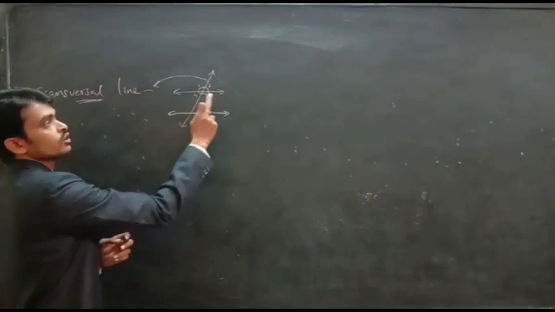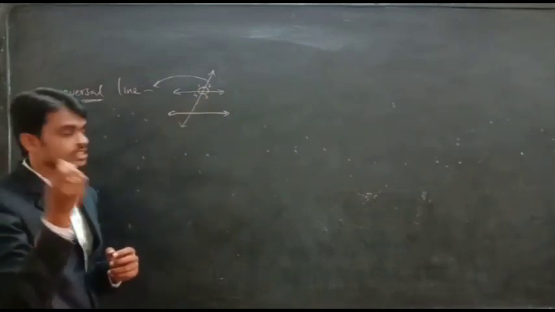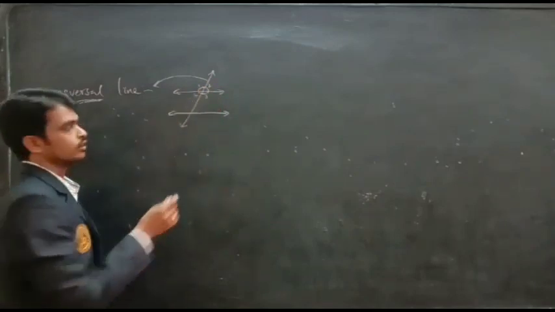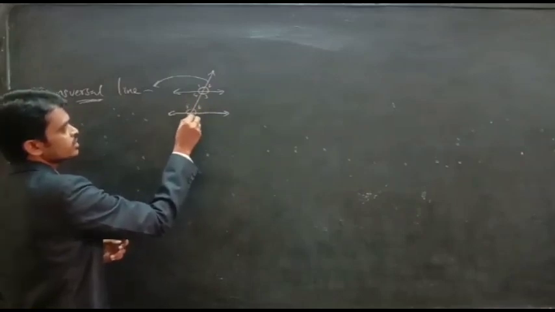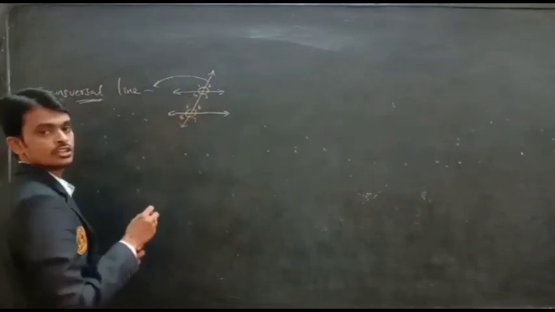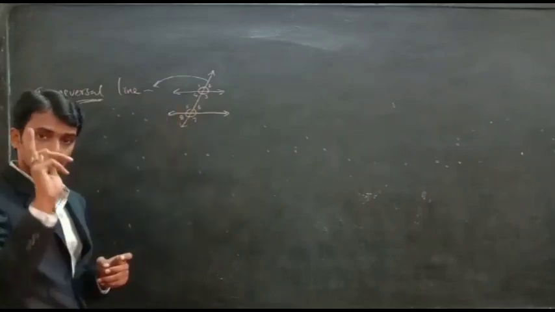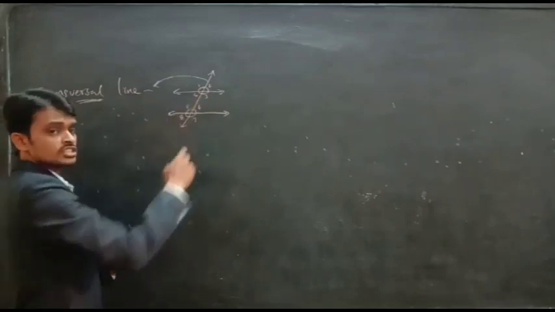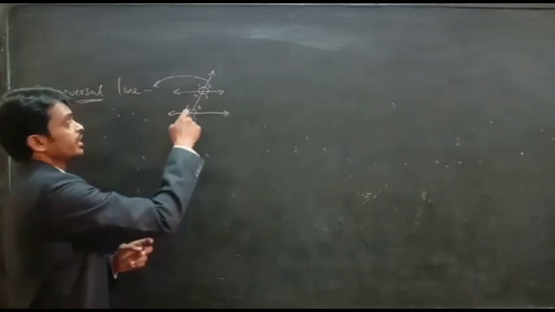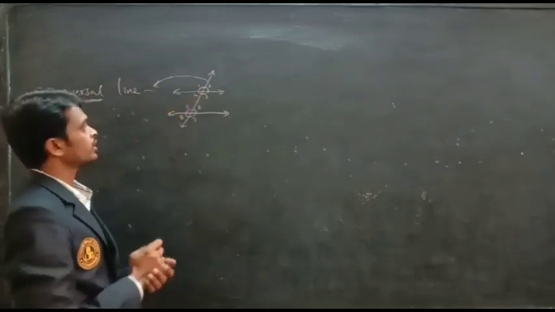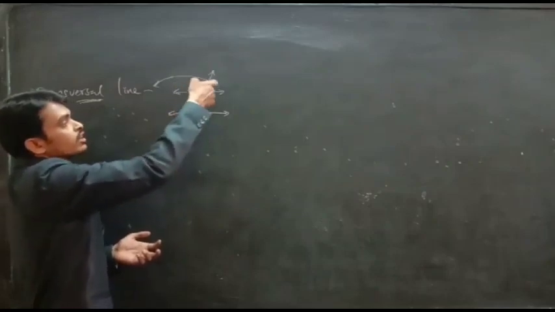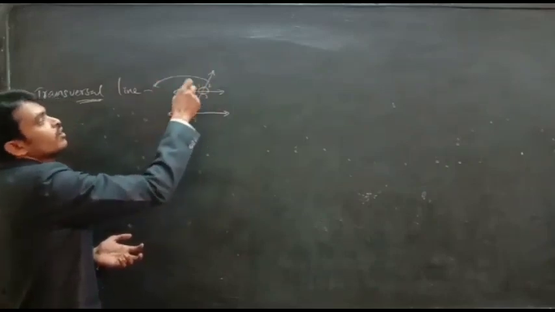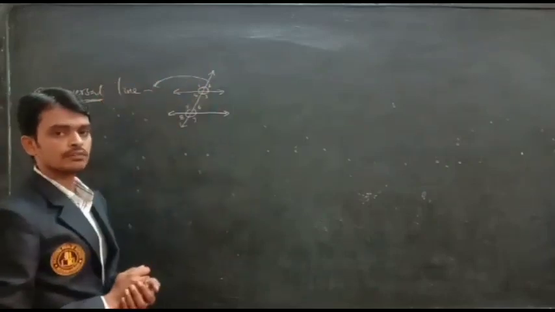So at each intersection 4 angles are formed. Here next 5, 6, 7, 8. So at each intersection 4 angles, 2 intersections, then a total of 8 angles are formed.